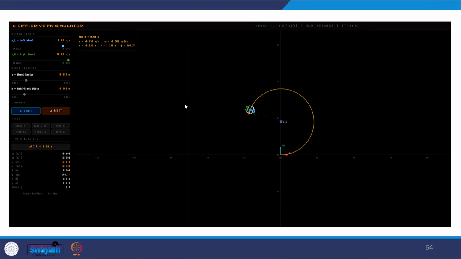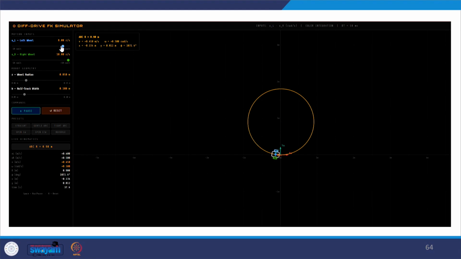You should be able to get these results. Yeah. So, this animation actually shows the forward kinematics for the differential drive wheeled robot. Okay, so here you can see that for the given left wheel and right wheel velocity, we are getting the x and y direction velocity of the robot as well as the angular position of the robot.